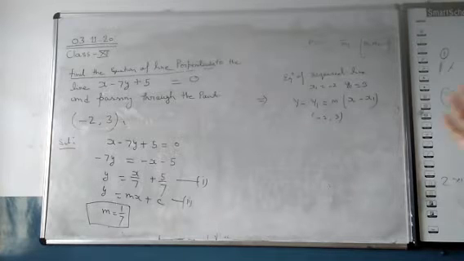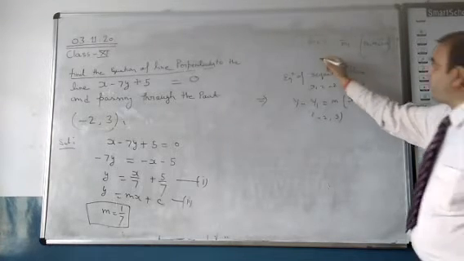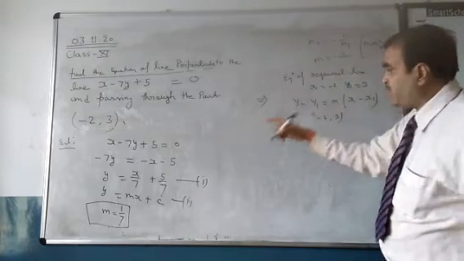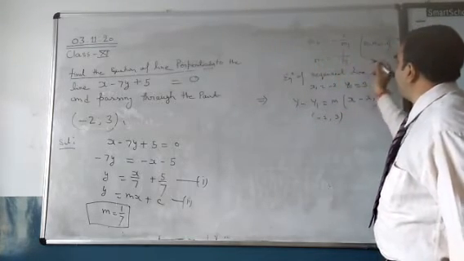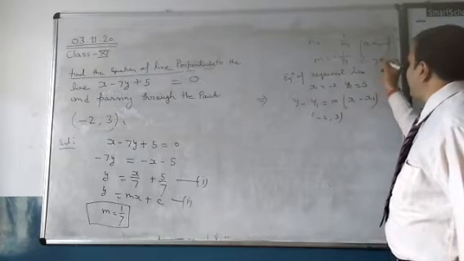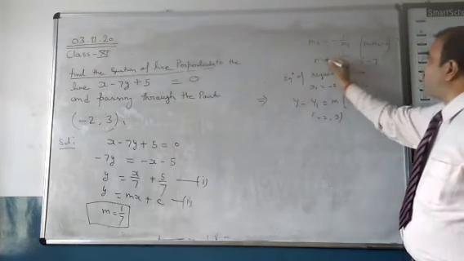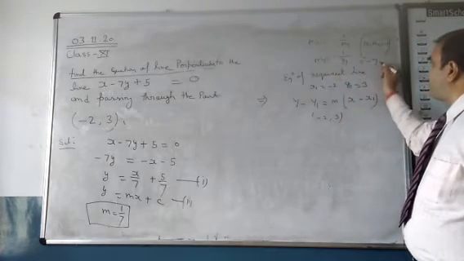Is it clear? Now m2 equals minus 1 upon m1, and m1 equals 1 by 7, that will be minus 7. So the slope of the required line m2 is equal to minus 7.